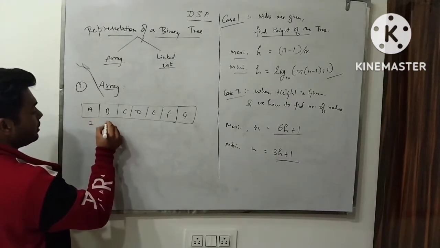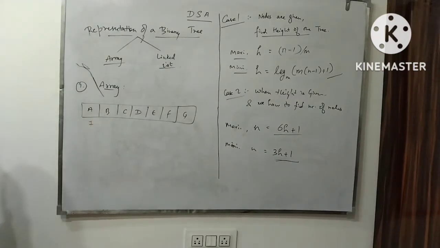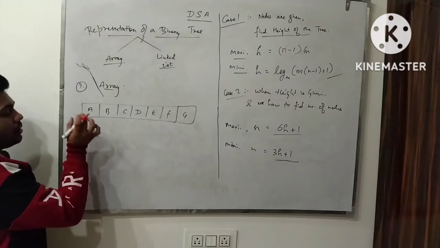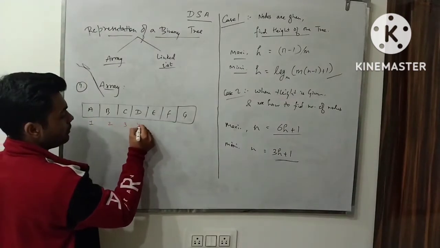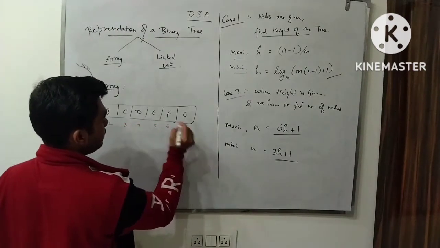That's the major thing here. So I am indexing this array with 1, 2, 3, 4, 5, 6 and 7.